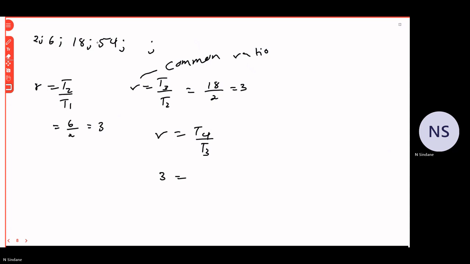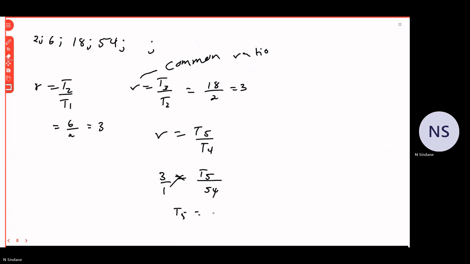T5 over T4, right? Then T5 over 54. Then cross multiply. What is 54 times 3? T5 is equal to 162. That's how you can calculate your T5.